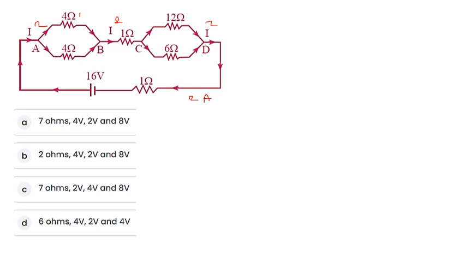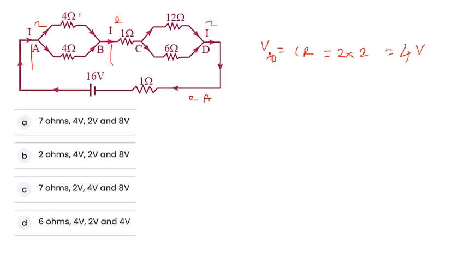Now the voltage drop across AB: V is equal to I into R. The current will be the same, and the resistance we found here is 2, so the potential here is 4 volt.